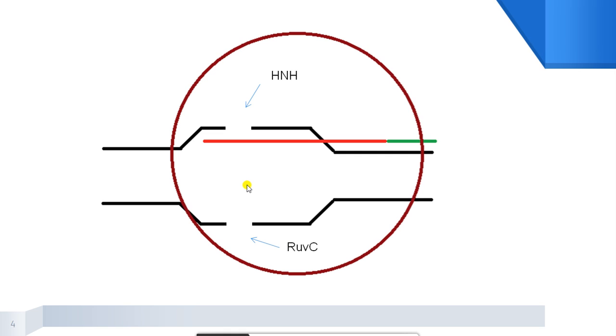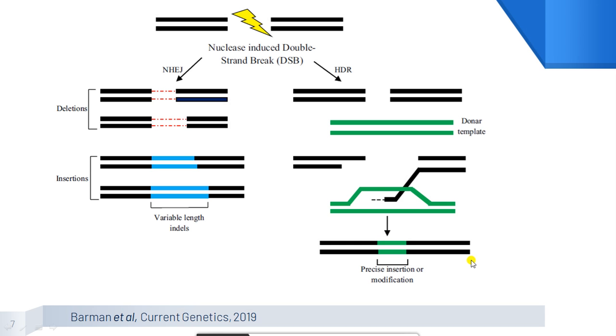Now genome editing by the CRISPR-Cas9 system primarily involves the DNA double strand breaks generated at the target site. As already discussed, the repair of this DSB is initiated by either of two pathways: homology directed repair or HDR, or non-homologous end joining. The NHEJ, the non-homologous end joining, can induce insertions here, or it can also delete some part of it.